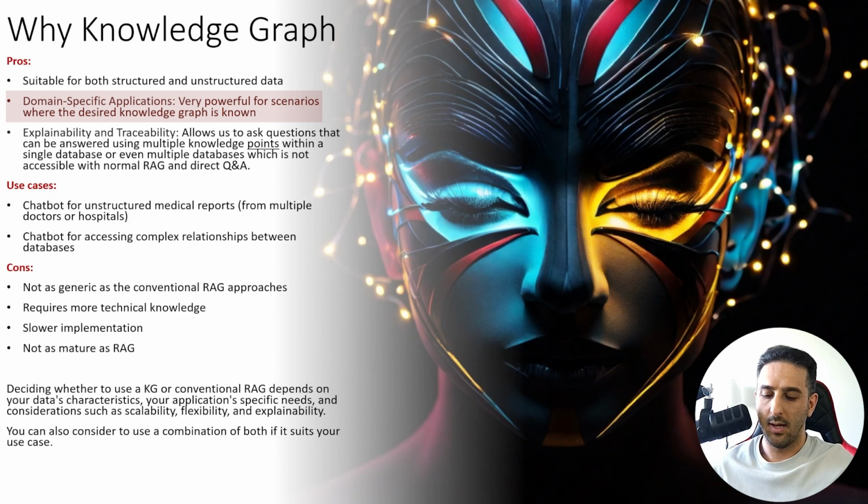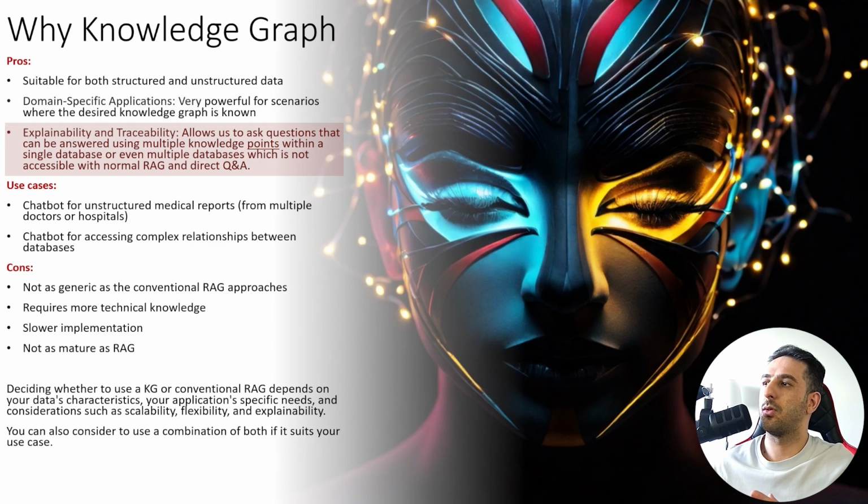So for instance, if you have multiple tabular datasets, and there are specific relationships that you know exist within them or among them, that knowledge is going to help you construct a much more effective knowledge graph and leverage the knowledge shared among those databases in order to have a much more powerful chatbot compared to designing a RAG pipeline on top of those tabular datasets.